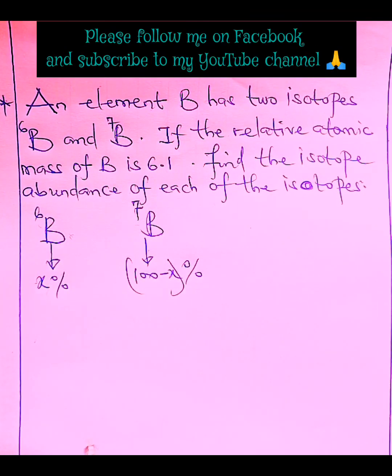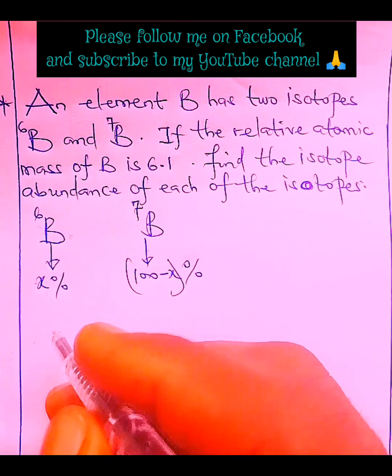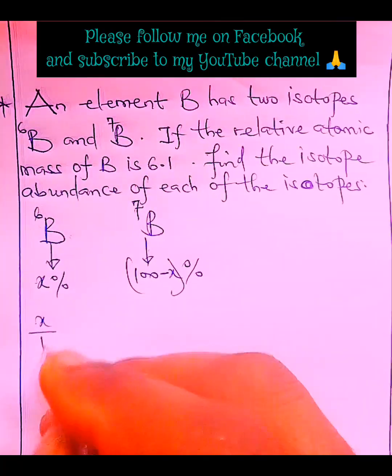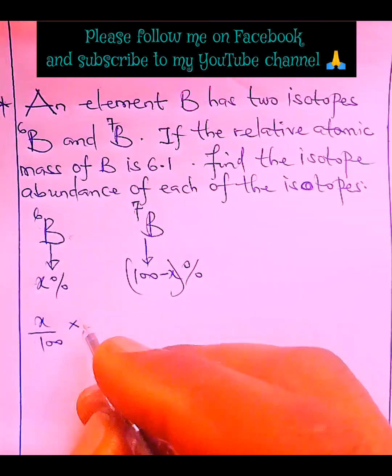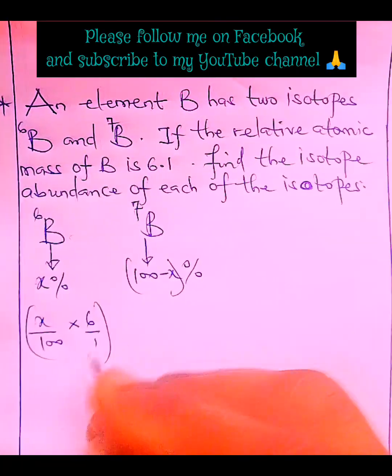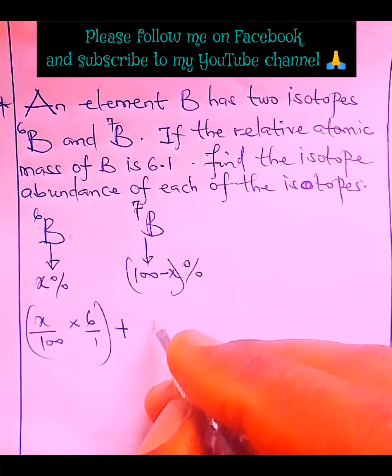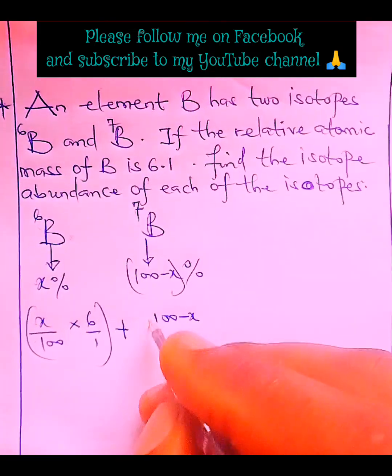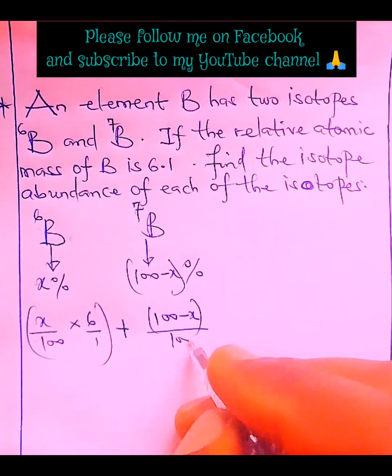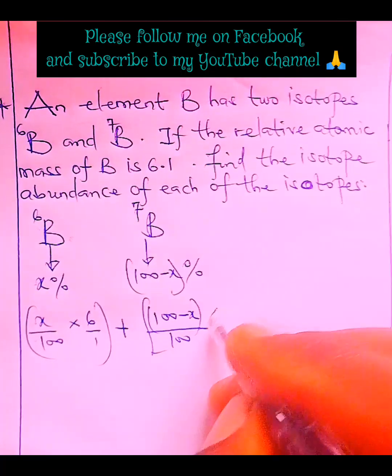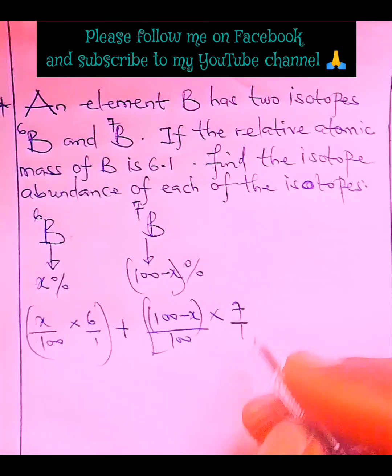The next thing we do is we're going to get the partial atomic mass for each of those given isotopes. So that's going to be X over 100 times 6 over 1 plus 100 minus X over 100 times 7 over 1.